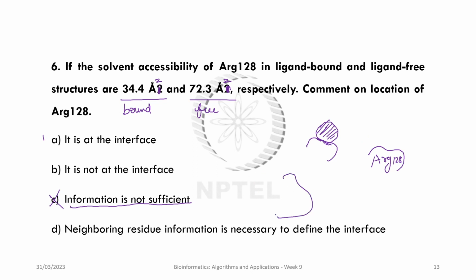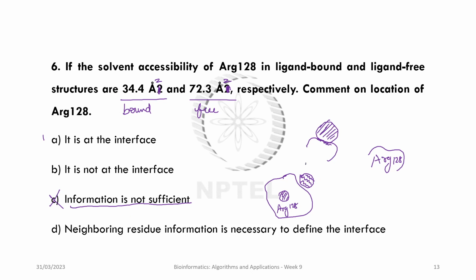Had it been somewhere inside the protein, in the interior, this is arginine, and this is where the ligand binds. Some other residues here. Let me give a different representation because these days it's not easy for me to change color. There's some problem with my pen.